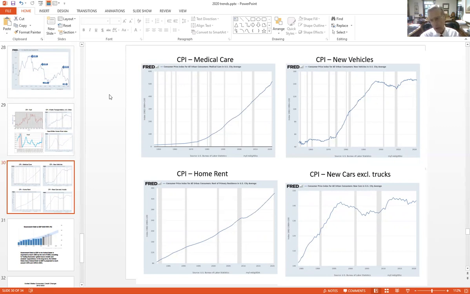Oh, by the way, underneath the price of new vehicles, which includes light trucks, pickup trucks, as well as cars, if we leave the pickup trucks out, we see that the price of cars has been coming down a little bit, but pickup trucks are so popular that their prices are increasing when the price of cars may not be increasing.